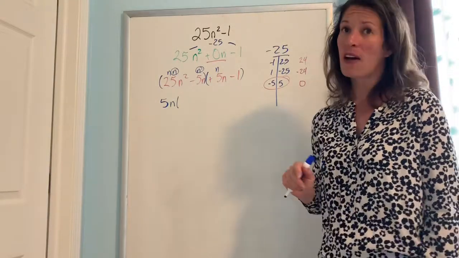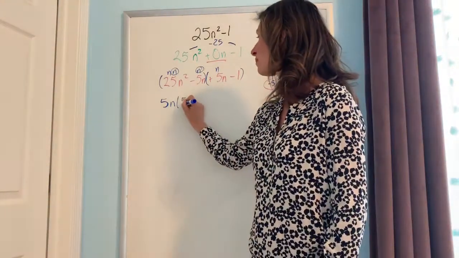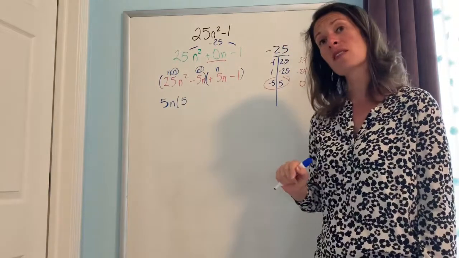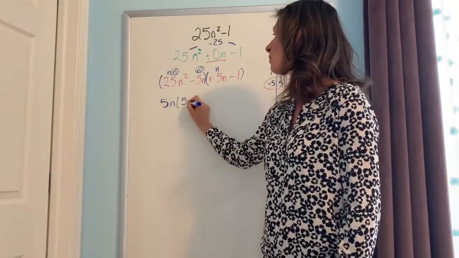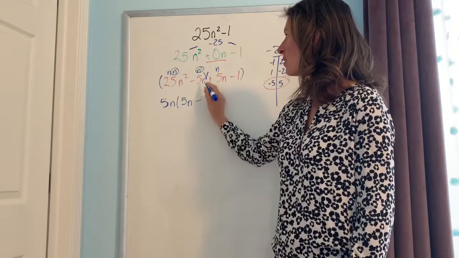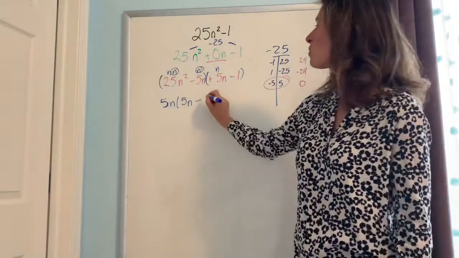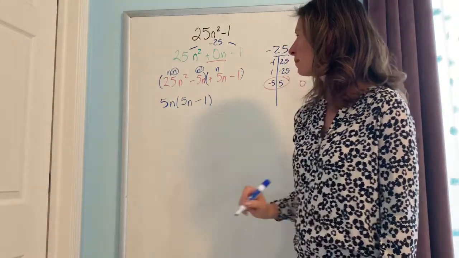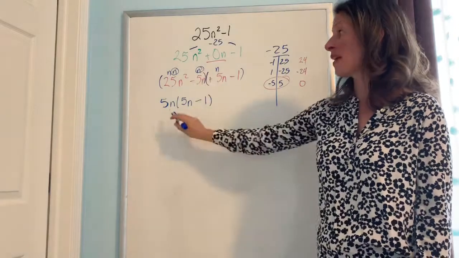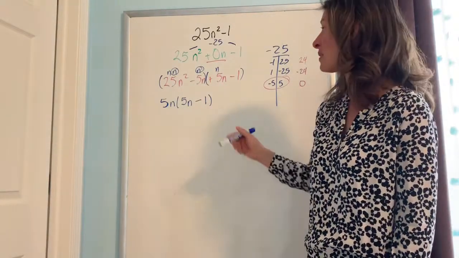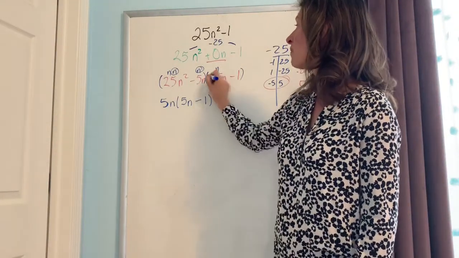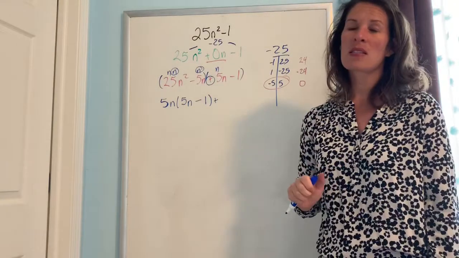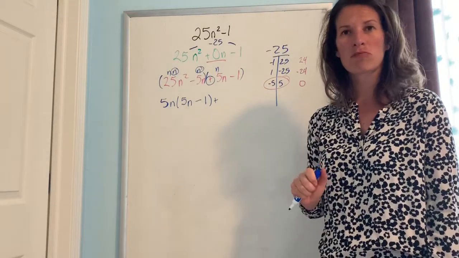25 divided by 5 is 5. I had 2 n's. I took 1 out. Minus 5 divided by 5 is 1. I had 1 n. I took it out, so I don't have any more n's there. Plus, because of this plus, what number can be divided out of both 5 and 1?